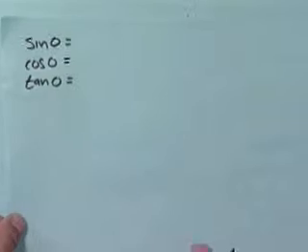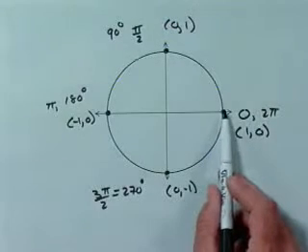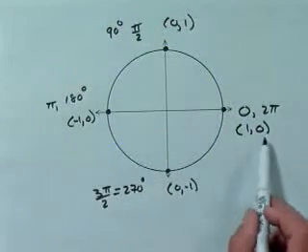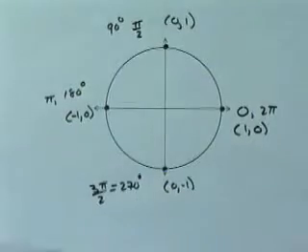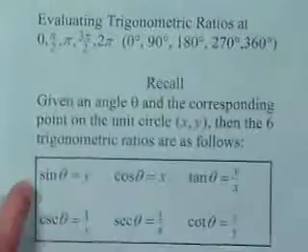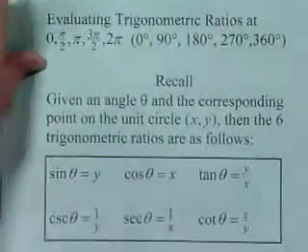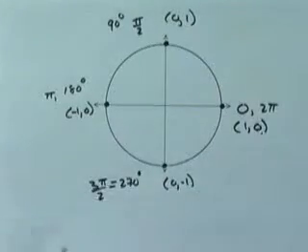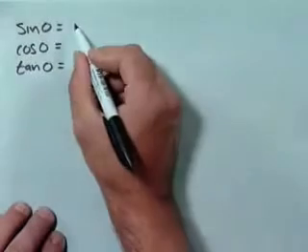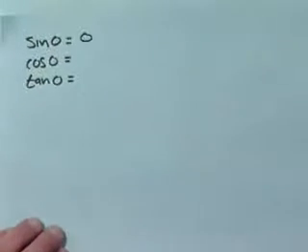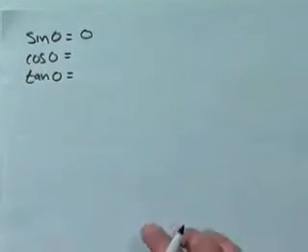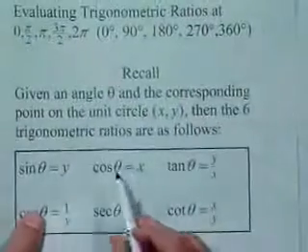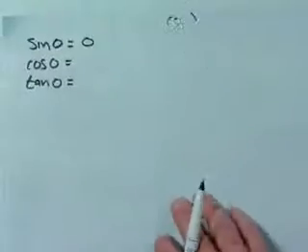Okay? So, there's 0. The corresponding point is 1, 0. So the sine of 0, well, it's just going to be the corresponding y-coordinate. So the sine of 0, the y-coordinate is 0. So the sine of 0 is 0. Cosine of 0, well, that's just the x-coordinate.